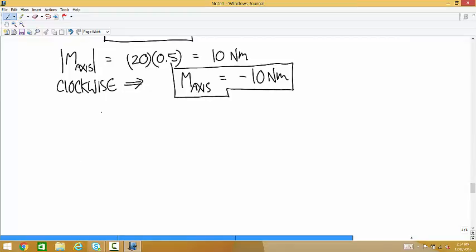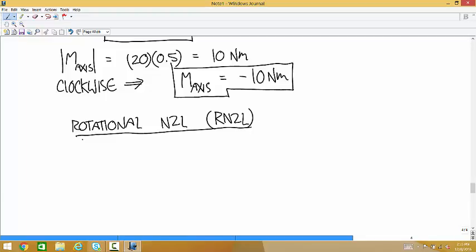Okay, so now finally we're ready to do the rotational Newton's second law. I'm going to call that Rn2L. It looks very similar to Newton's second law, and actually it's completely derivable. It's a mathematical thing that you can derive from Newton's second law.